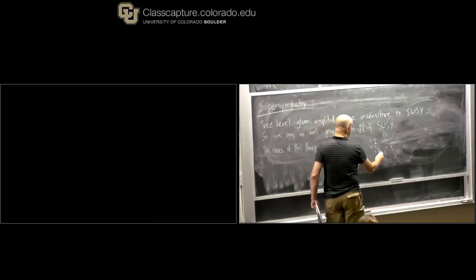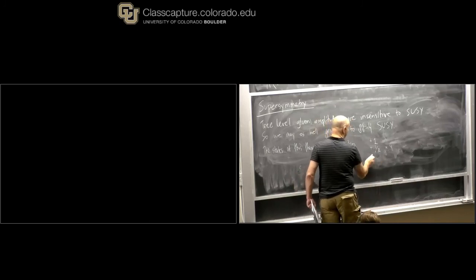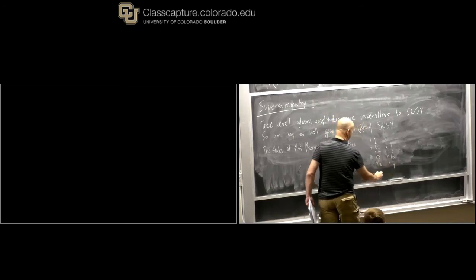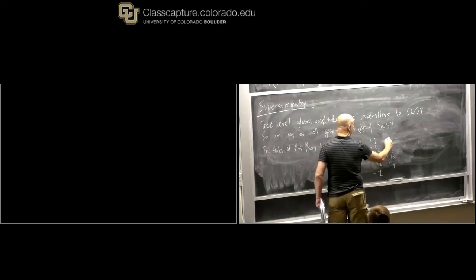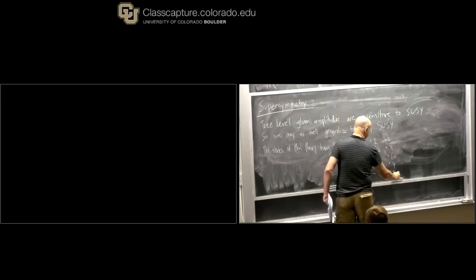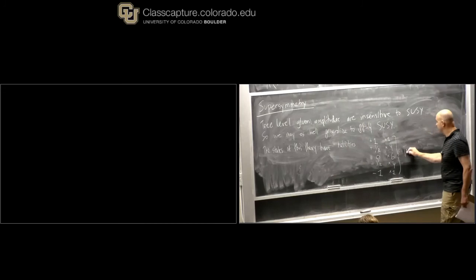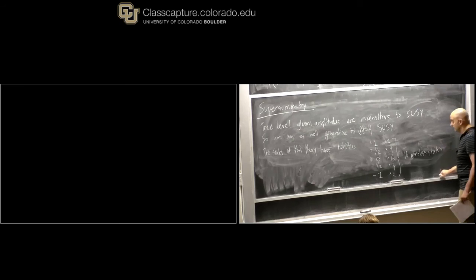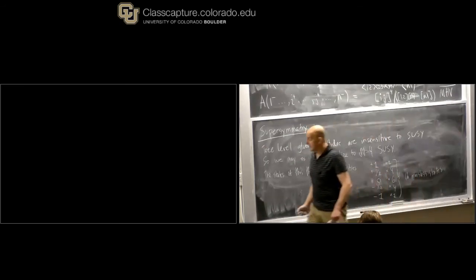There are 4 fermions with helicity plus a half. Helicity 0, 6 scalars, minus helicity 1/2 times 4, and then there's the negative helicity gluon. So there's 16 massless states. Okay.